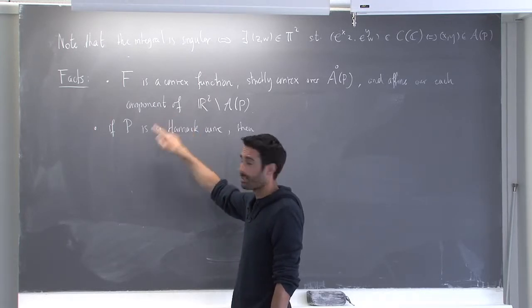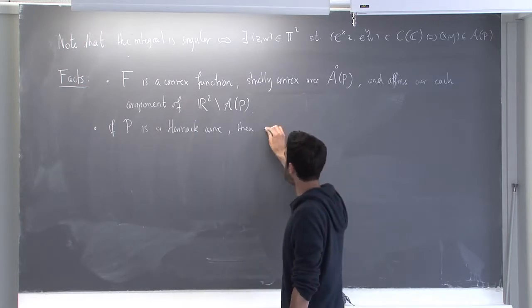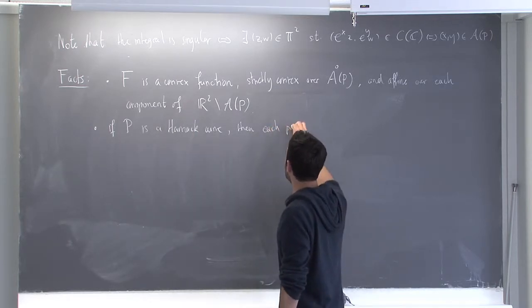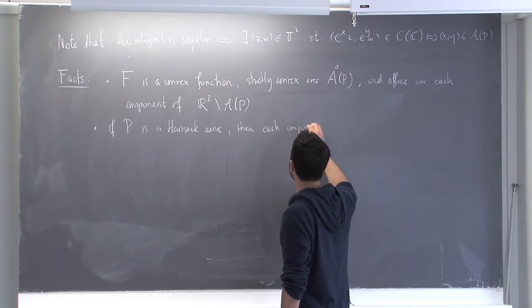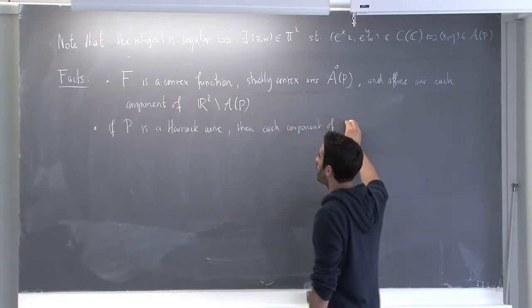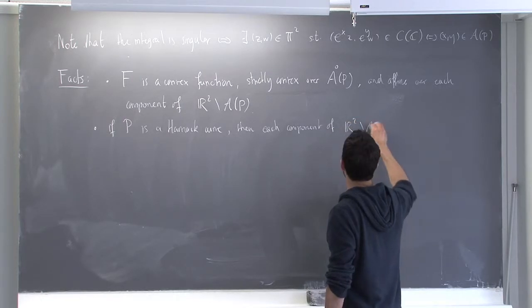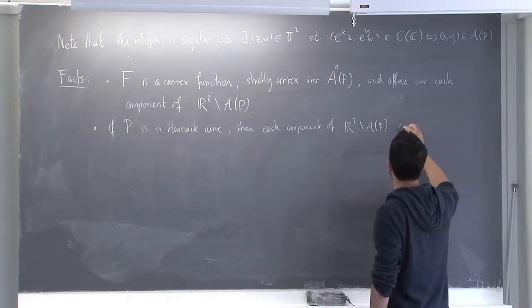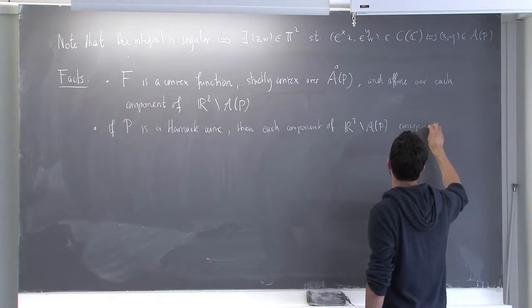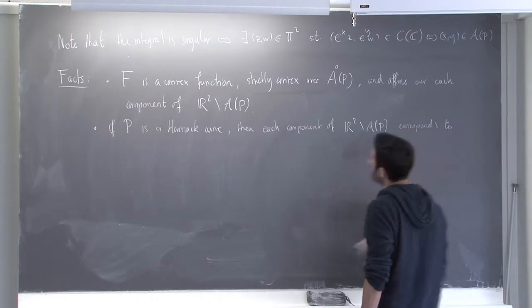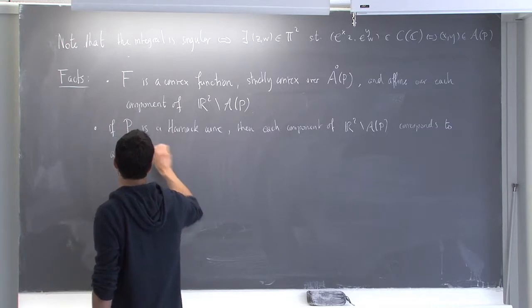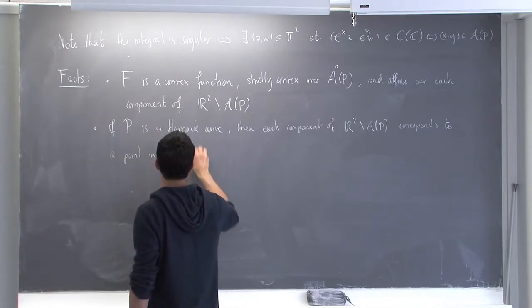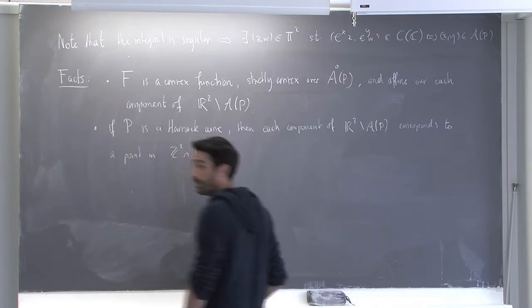This is something that we had seen. So if P is a Harnack curve, then each component of R2 corresponds to an integral point in the Newton polygon.